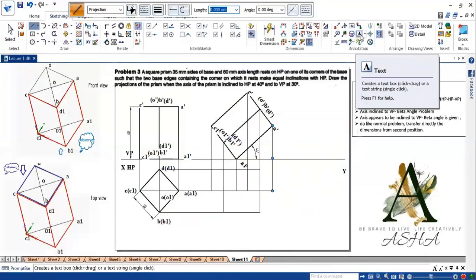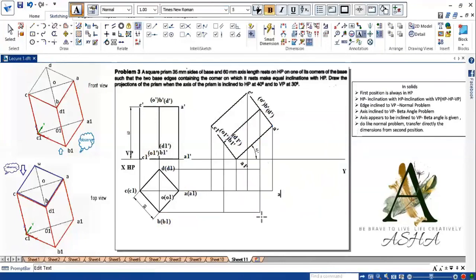So this is A, this is B, this is C and D. Similarly, A1, B1, C1 and D1.